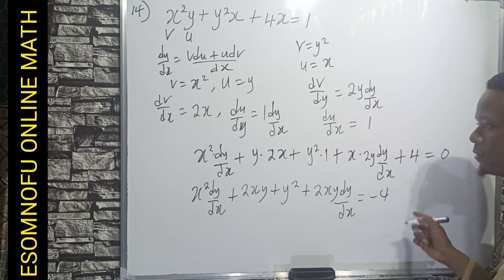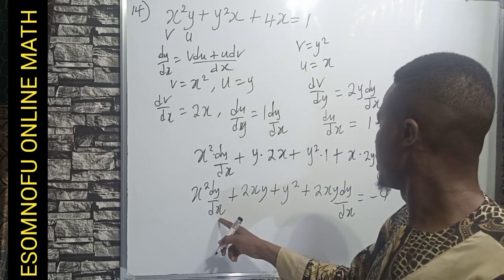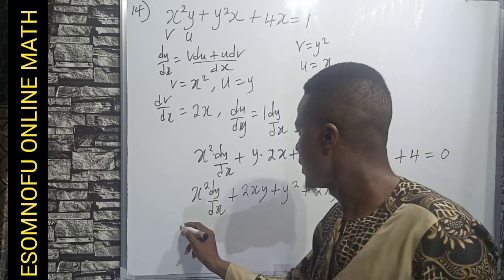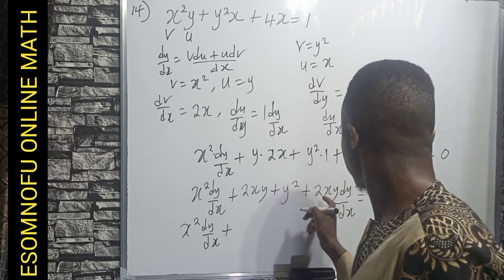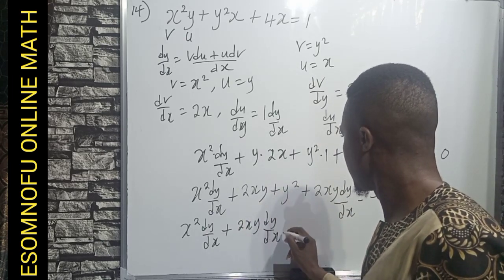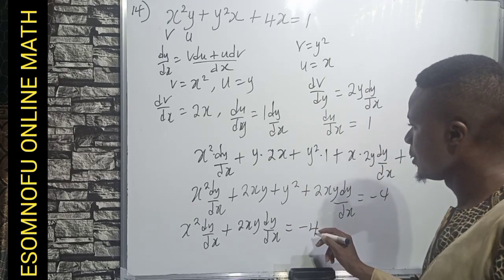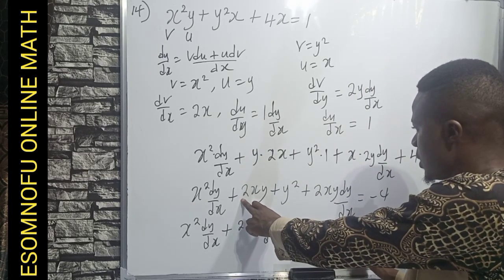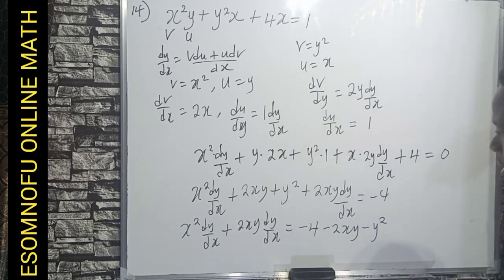I'm bringing this -4 to this side. So from here you will see that dy/dx is double. I can pair them, so I have x squared dy over dx plus 2xy dy over dx equals -4 is already here. I can bring in -2xy as well as -y squared to the right hand side.